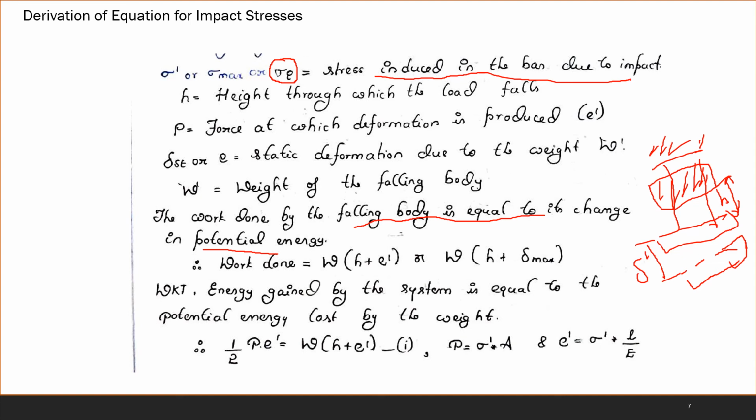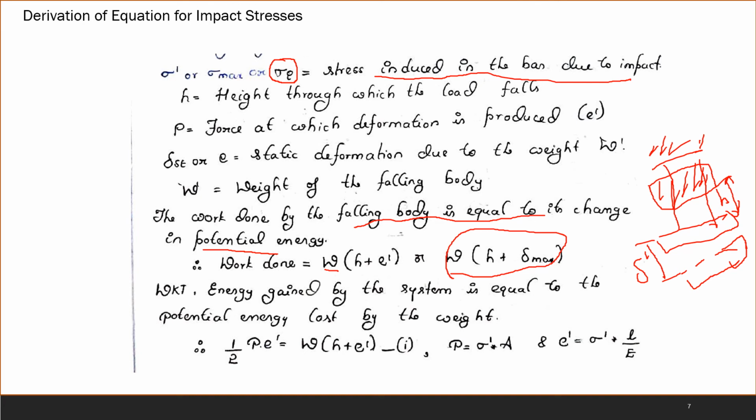what is the work done? Work done is load into the total distance. That is, the potential energy of the load at a height h is W into h plus delta dash, or W into h plus maximum deflection delta max.